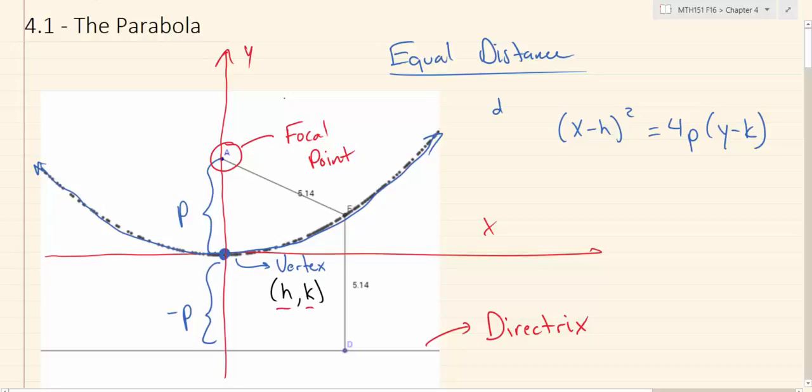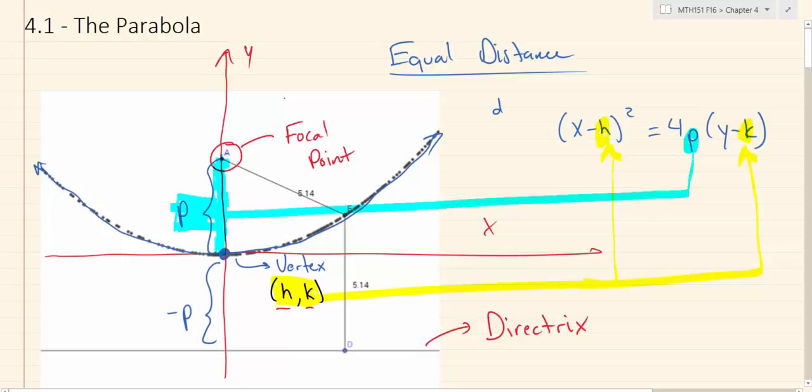So like here's your vertex, right? Here's h and k. And those values go here and here to this h and this k. The distance from the focal point to the vertex is called p, and that value goes right there. X and y are your generic variables, so we're just going to leave them x and y. And this is the equation of this parabola.